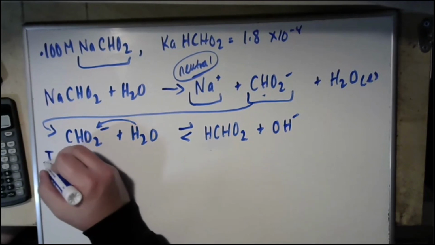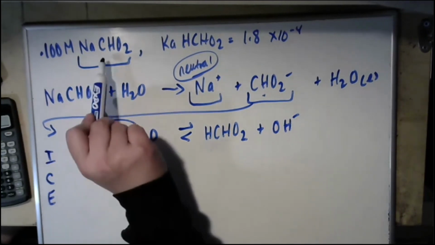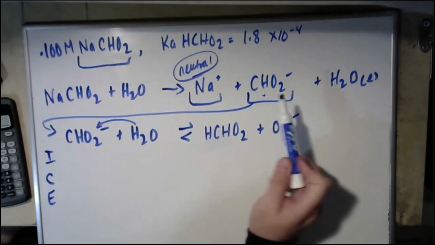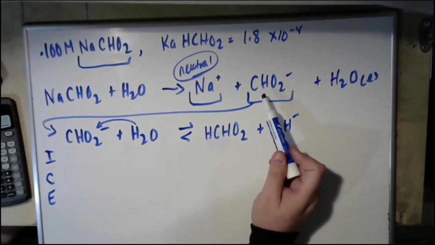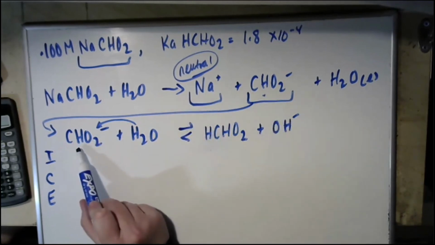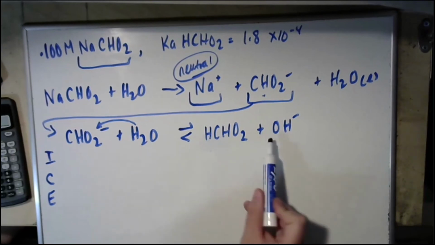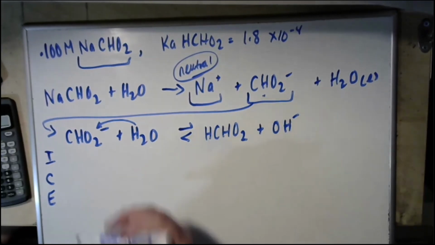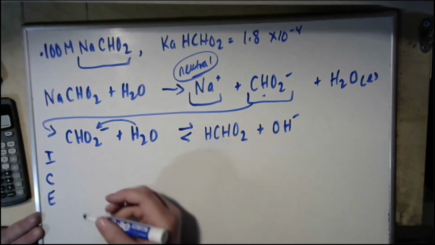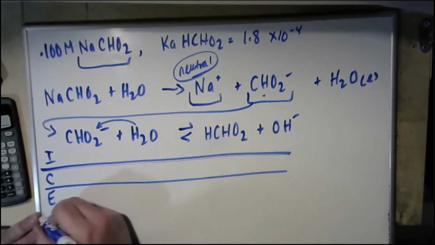Okay. And once we go through that first step of breaking up our initial compound, finding the anion that's going to change the pH of the solution, and using that as the starter for our pH reaction, the rest of it proceeds like a regular ICE table and a regular pH calculation.